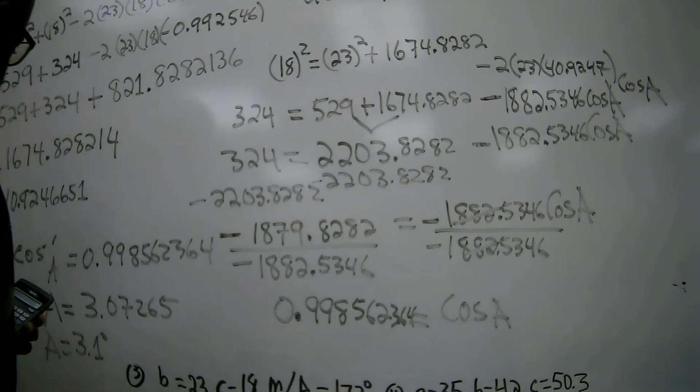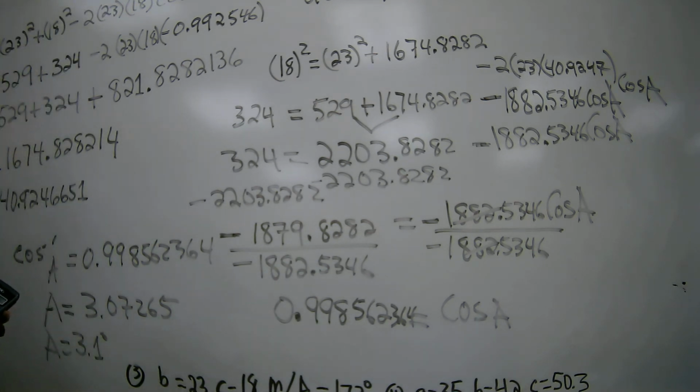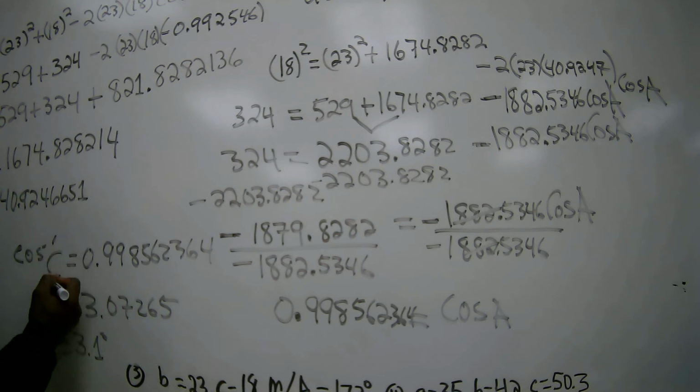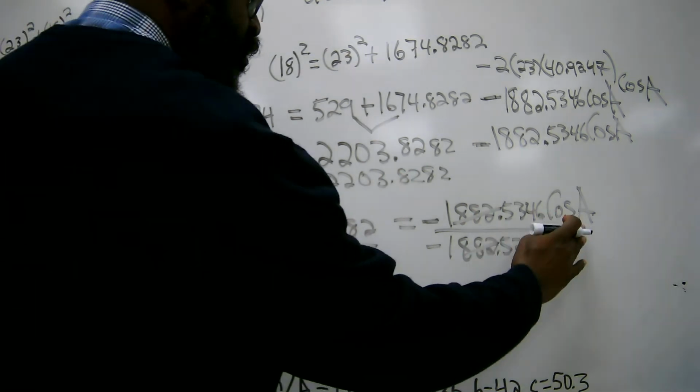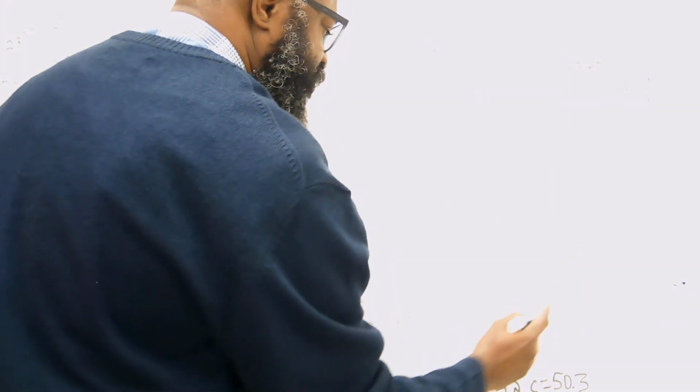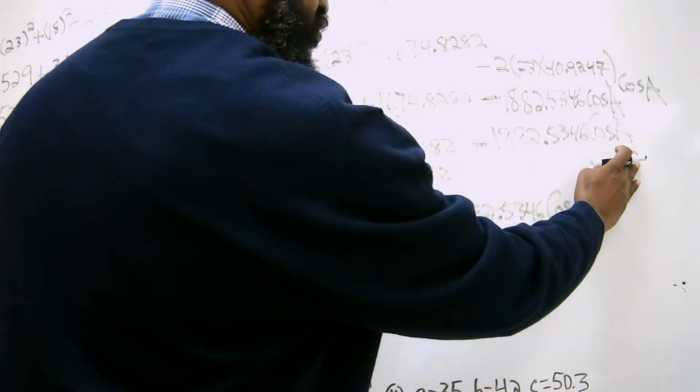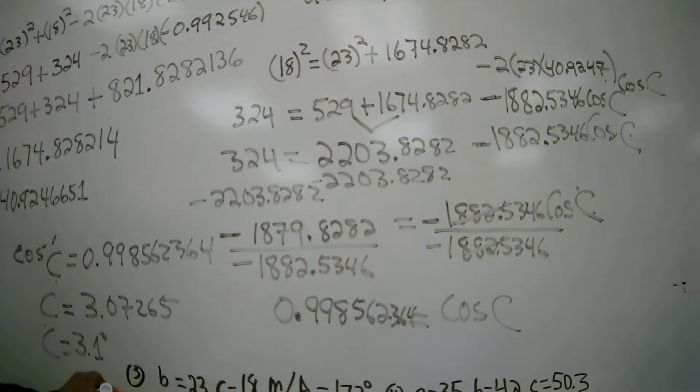So this angle is 3.1 degrees. That's angle C, not A, angle C. So angle A was 173, angle C is 3.1 degrees.